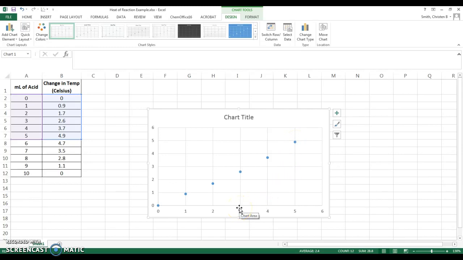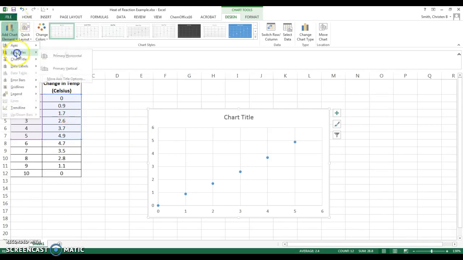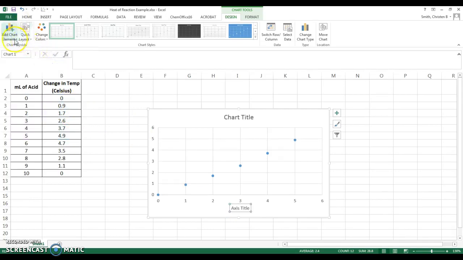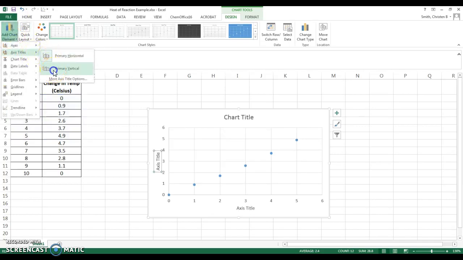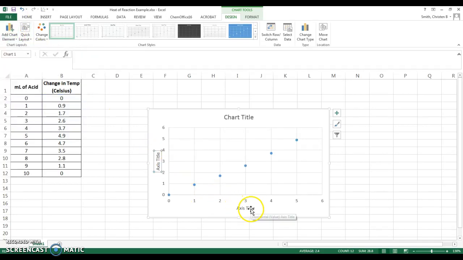Here I'll start to label my axes for my graph. So I'm going to go over to this add chart element, and I'm going to add horizontal and vertical axis labels. My horizontal axis here is looking at the milliliters of acid that I added for each trial.